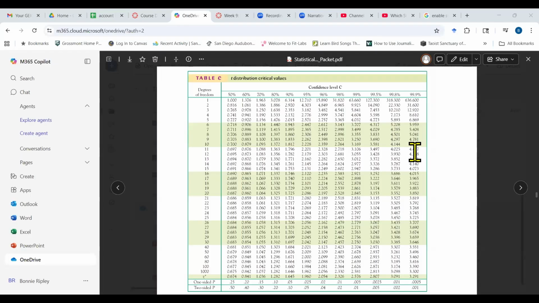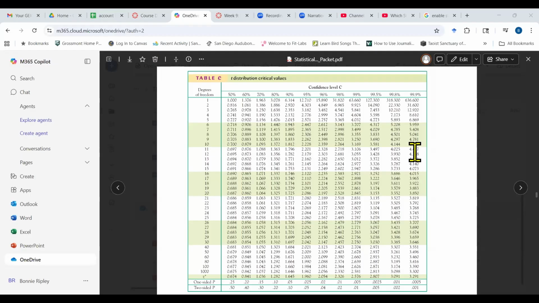So all we can say is that our value of t is larger than this value that's in the table. So we're going to write down 4.1, and that's going to be less than our value of 12. This is our t calculated, and this is the last t we could find in the table.